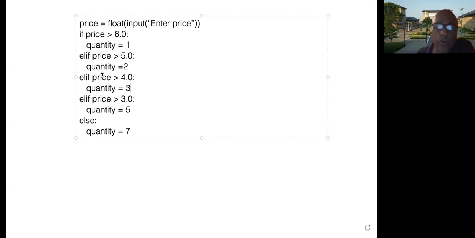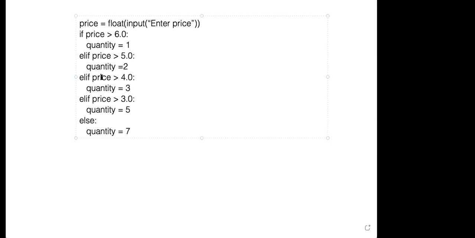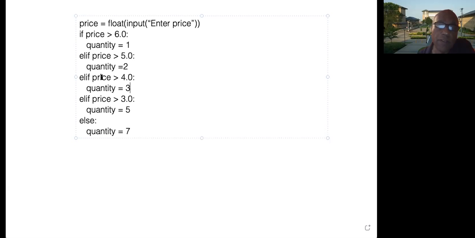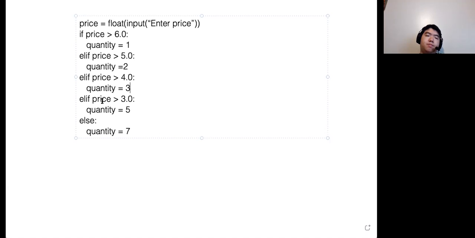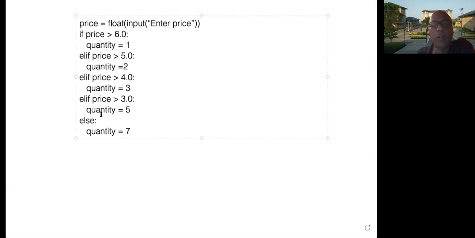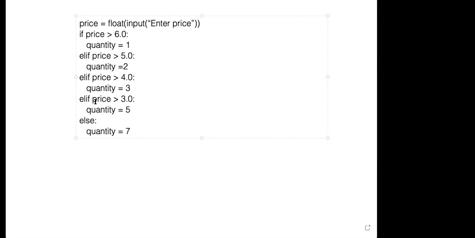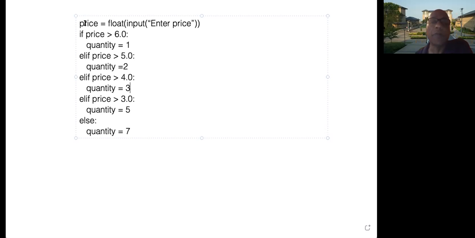This is false. What about this? Price is 3.5, so false. It will come here and set quantity to 5. And we ignore the else.